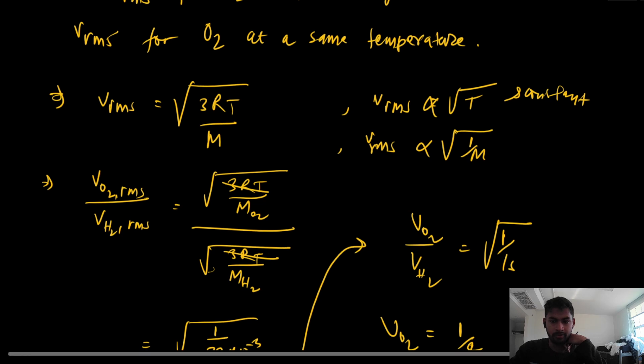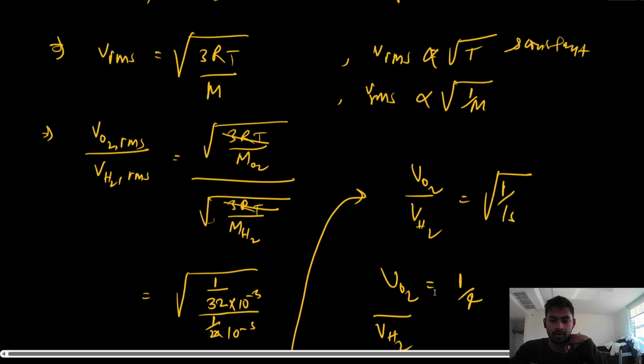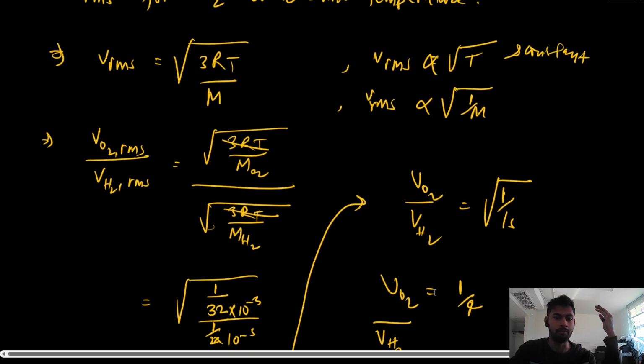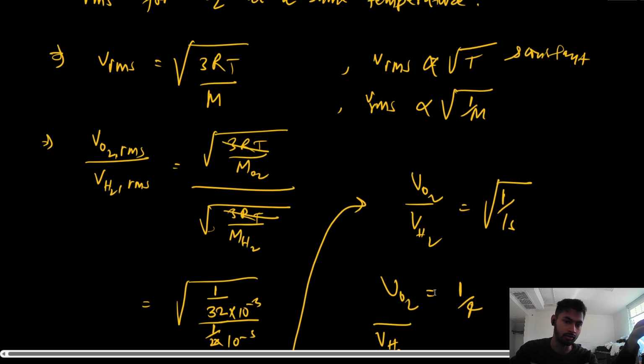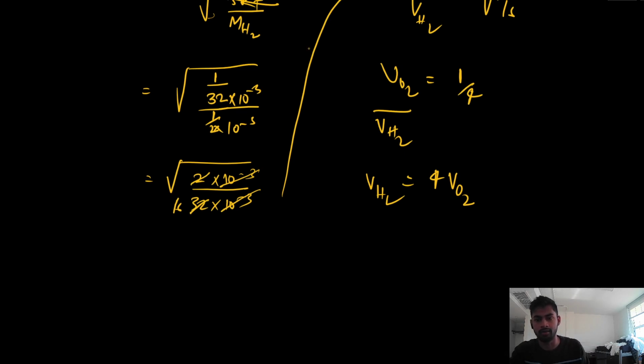And based on the intuition that we followed here, which was that if a gas is heavier, then it has to have lower velocity compared to the other gas present in the same container at the same temperature, which has more or less been verified over here.